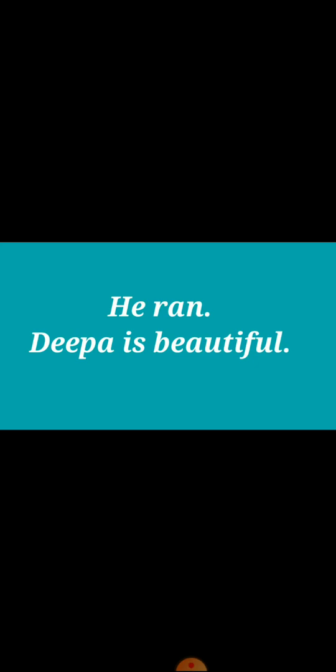Similarly, if I ask you to identify the adjective, you will say beautiful is an adjective here since beautiful is describing the noun Deepa. Now, if I add some more information to these sentences like he ran quickly, Deepa is very beautiful. Children, here, what does the word quickly tell us about?